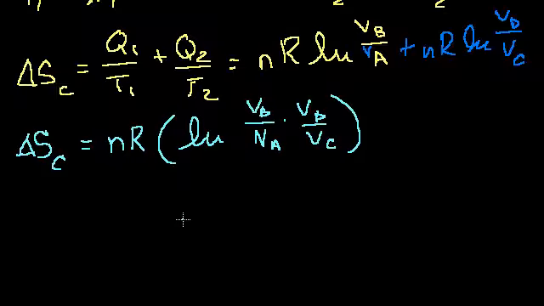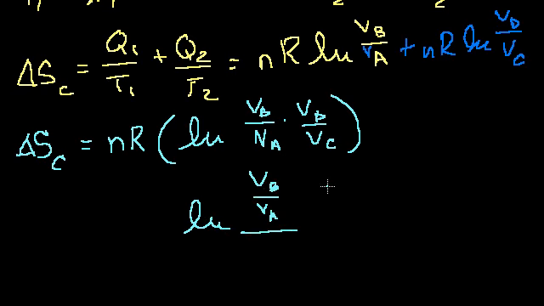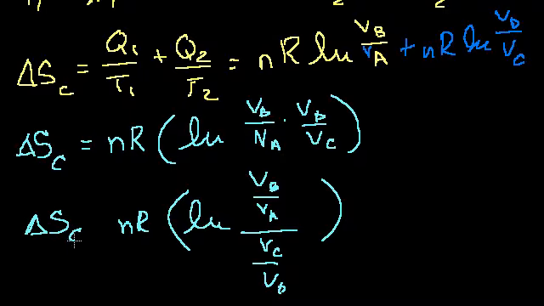So I can rewrite this as the natural log of vb over va divided by, instead of multiplying it times this, I can divide it by this reciprocal, vc over vd. So I just rewrote it. I just did a little bit of fraction math. That's all I did. Instead of multiplying it times this, I divided by its reciprocal.